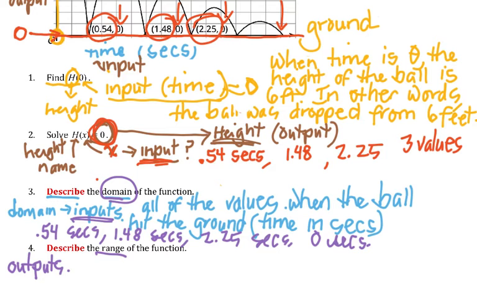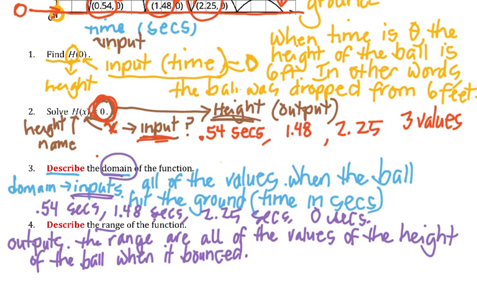So the range are all of the values of the height of the ball. I'm going to write that in right now. I wrote the range are all the values of the height of the ball when it bounced. And according to the graph, I can figure that out.